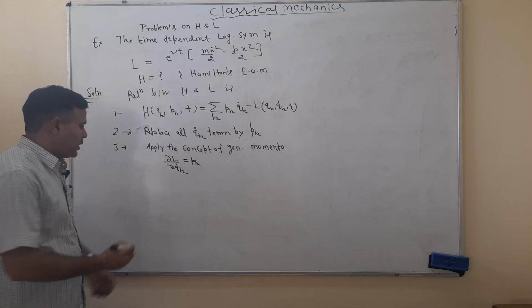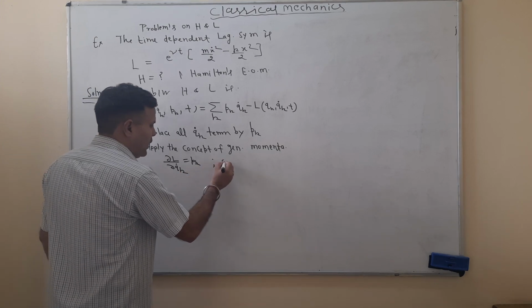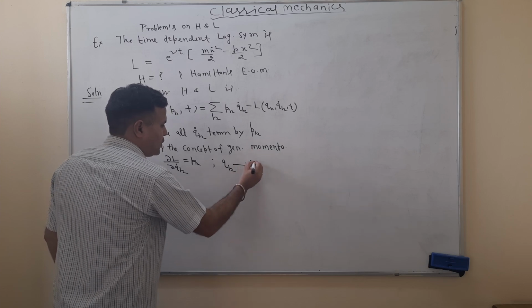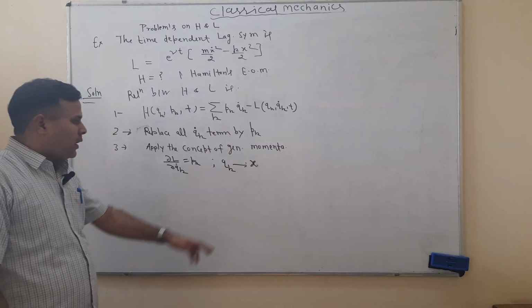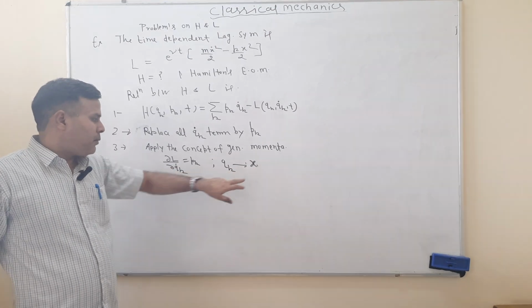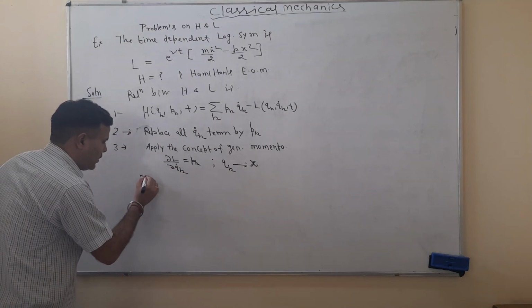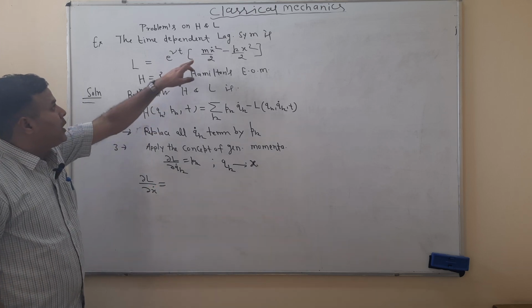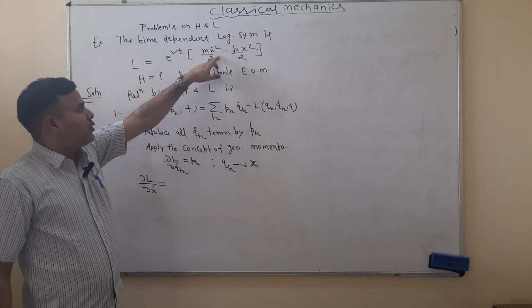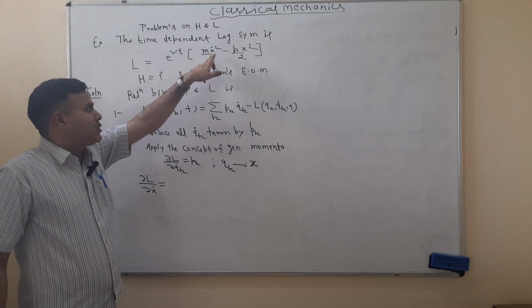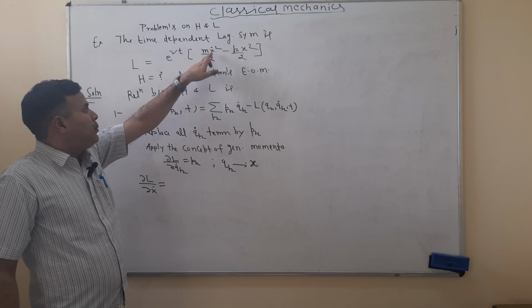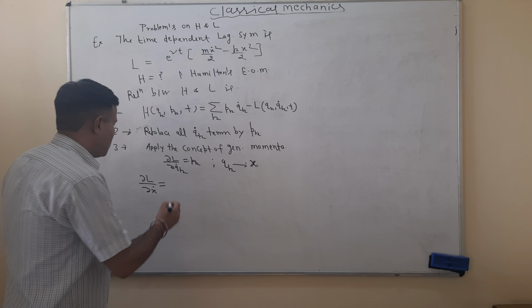Here our qk is simply x. So what is del L upon del x dot? Differentiating partially with respect to x dot, we have only one x dot term, which gives mx dot.